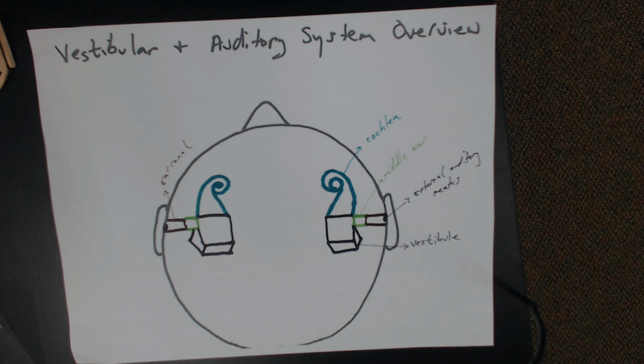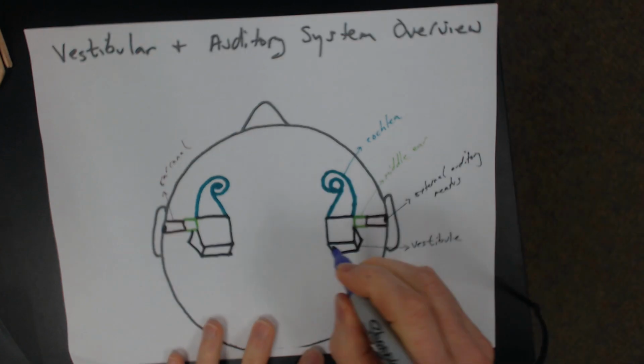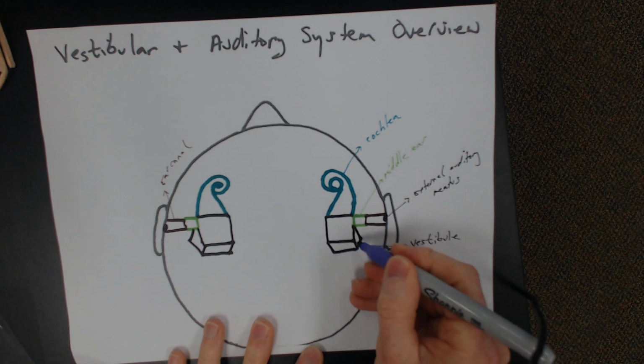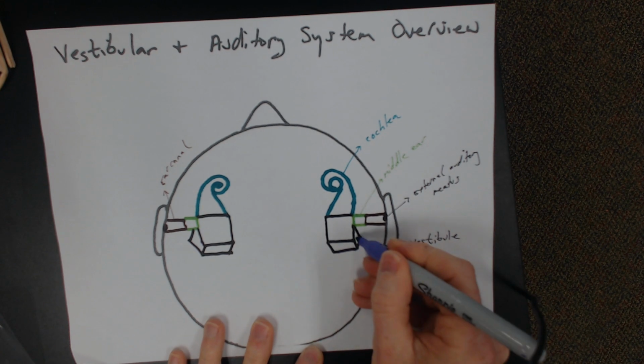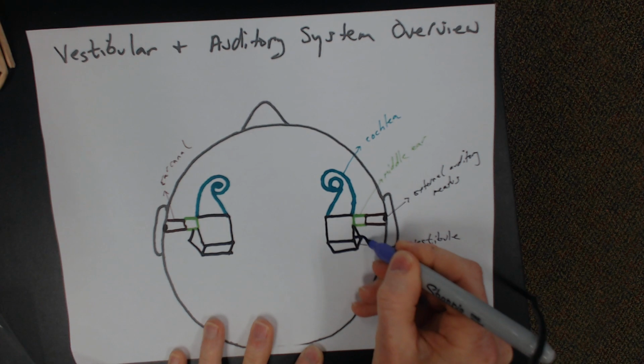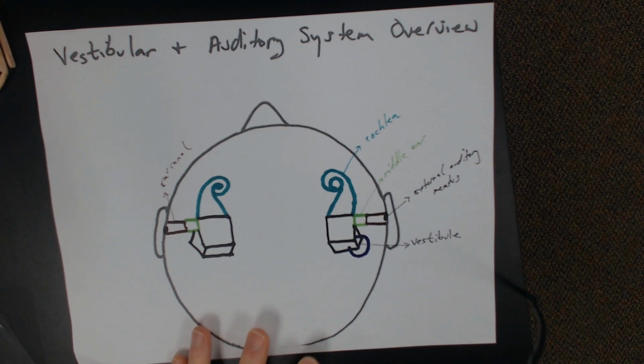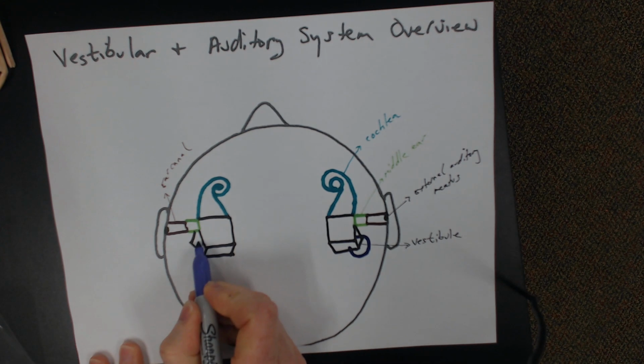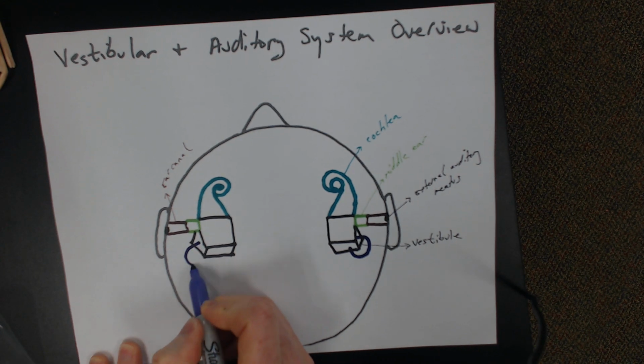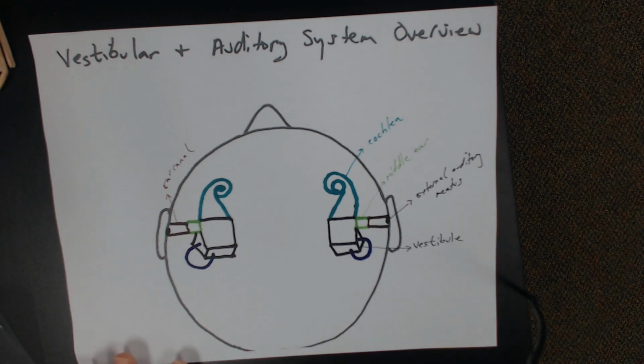And I like to show the box because there is one semicircular canal that comes off the side of the box. So if this is going to be the side, the side closest to the ear, it comes off the side of the box and goes around and connects to the back of the box. Okay, and there's one on each side.